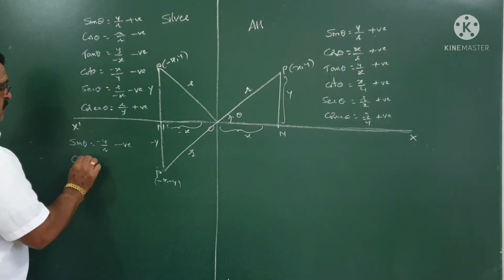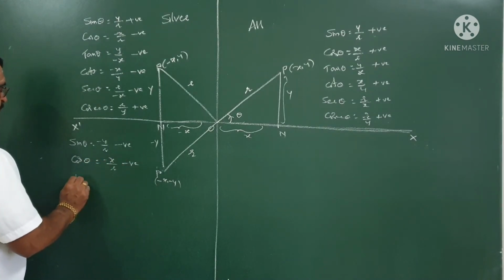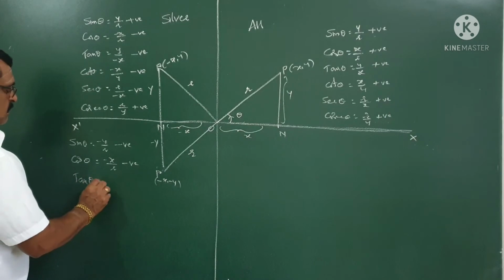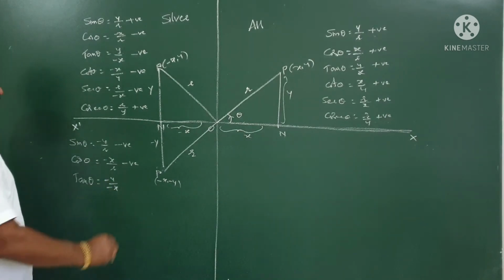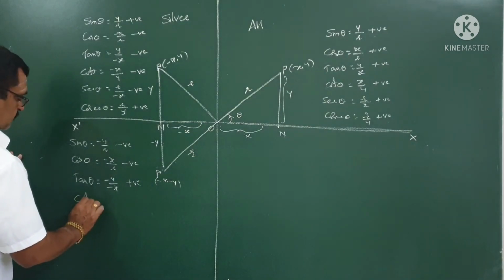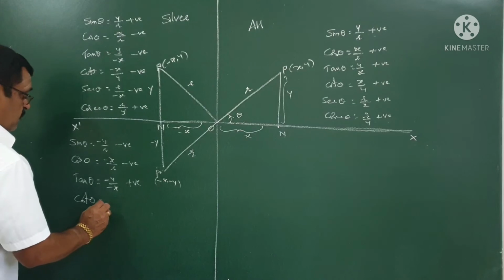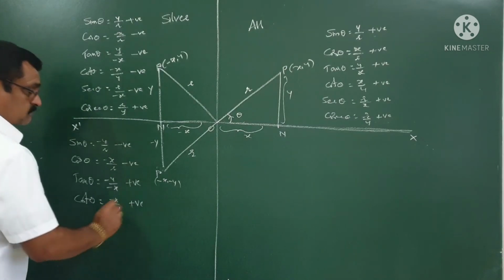Cos theta, minus x by r, also negative. Tan theta, minus y by minus x. Since both are negative, we get positive. Next, cot theta is again minus x by minus y, also positive.